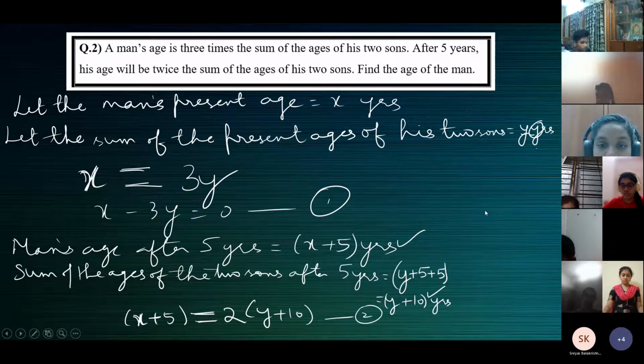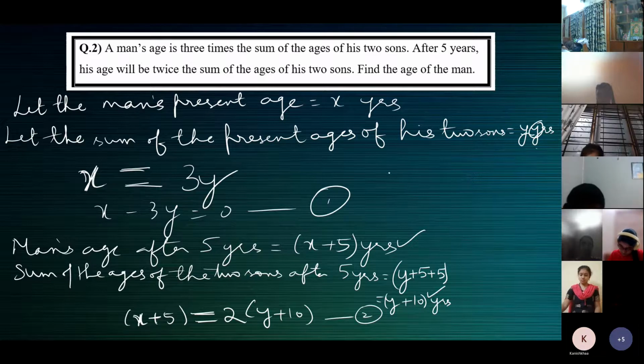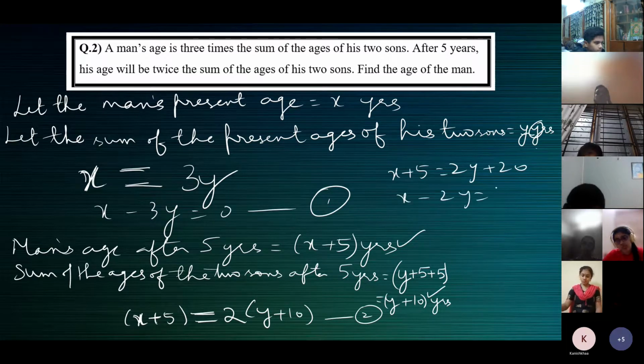Okay, children. So you said 45, and that's the right answer. The man's present age is equal to 45 years. The second equation will become x plus 5 is equal to 2y plus 20. So the second equation is x minus 2y is equal to 15, correct?